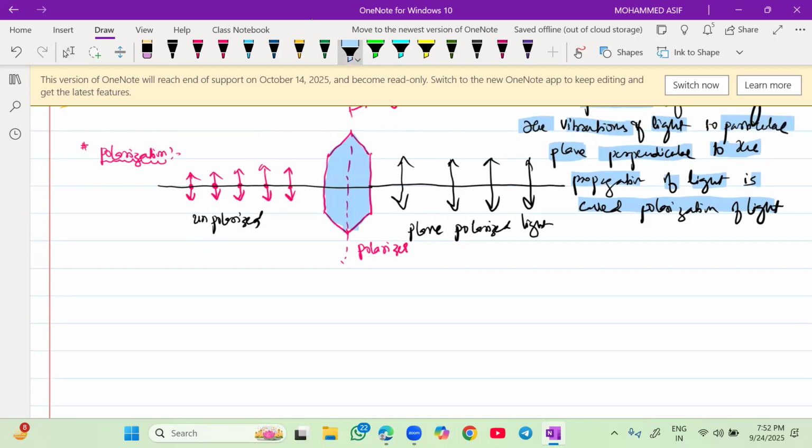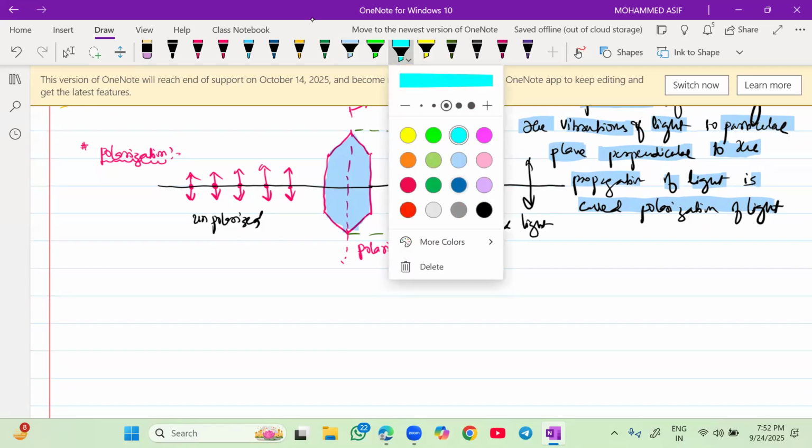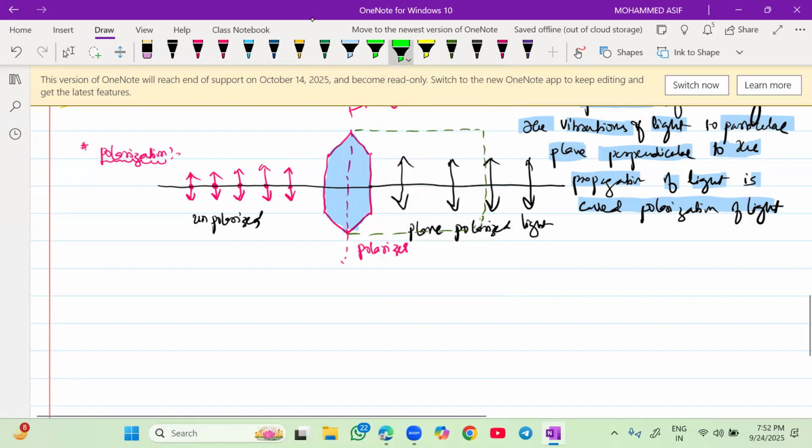Now I'll try to draw some dotted lines. Just remember, see here, if I draw the dots like this, which is perpendicular to this one, I'm lightly shading this whole part.